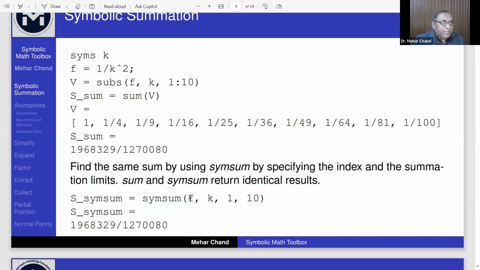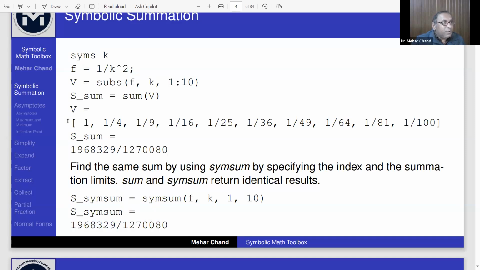Okay. These are very small functions, but they will be very helpful when you write different types of programs for your own problems. The syntax is very simple. This is the f function, and this is the k. This is the first value, and this is the last value. So when you execute this statement for this function, this will return this value.